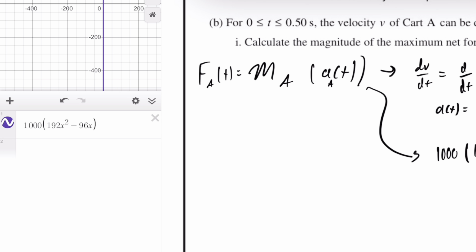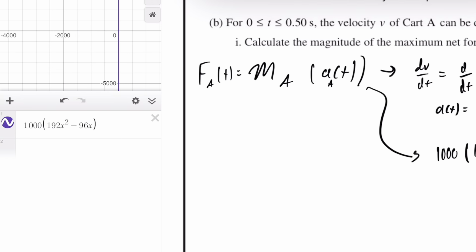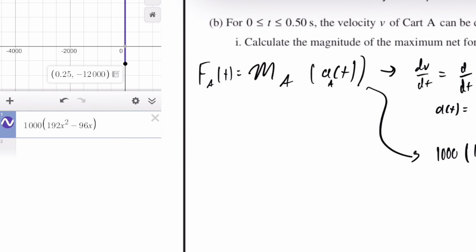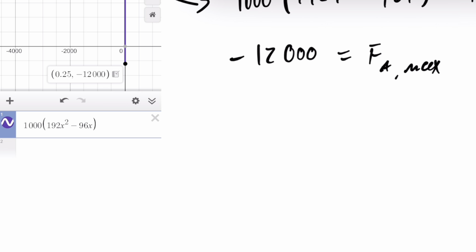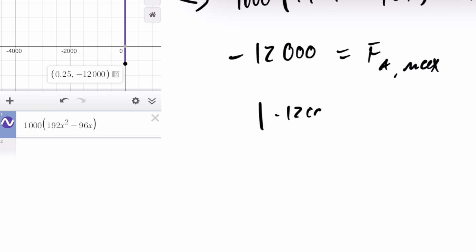Here we go, so the max is at negative 12,000. F_A max: the magnitude of negative 12,000 newtons equals 12,000 newtons.